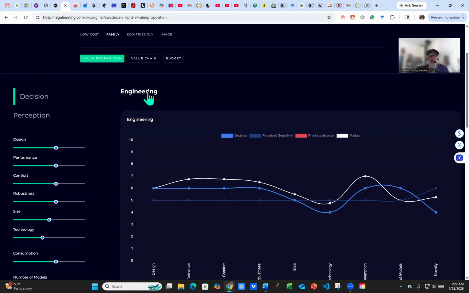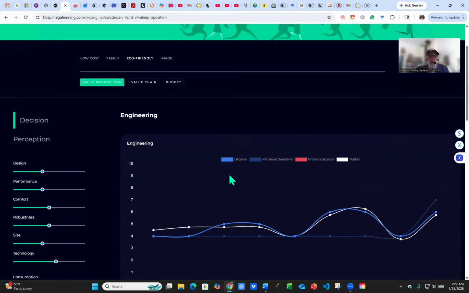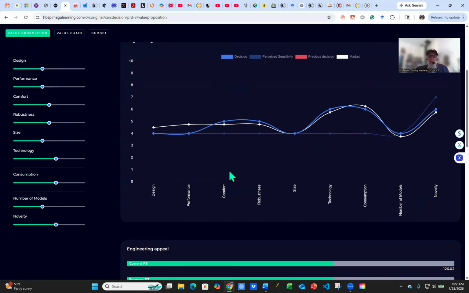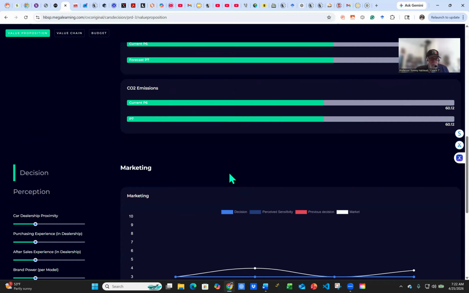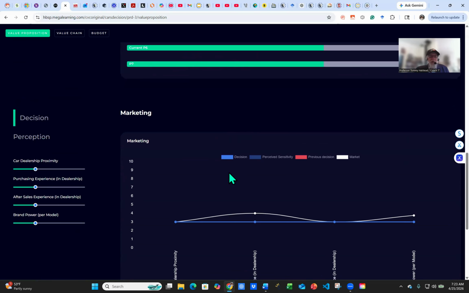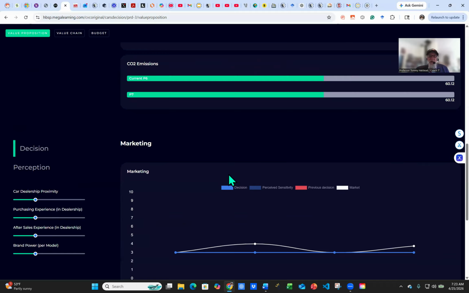All right, let's look at eco-friendly, where everybody gets killed, and yet green did really well. What's happening? Oh, we saw leftover inventory there, which is not too bad. Yeah, we're not doing much in terms of our decisions in marketing. We've kept that flat, which is smart.